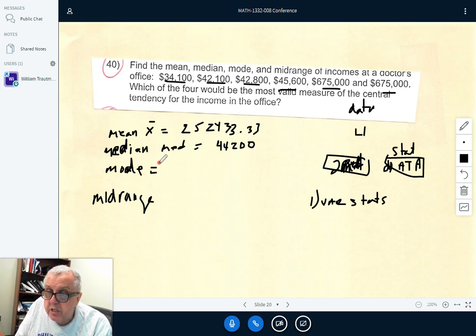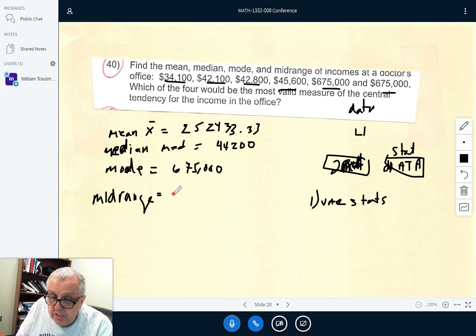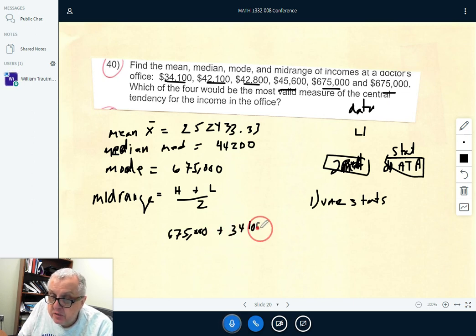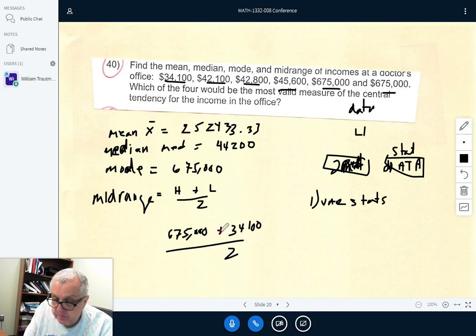The mode is the number that occurs the most often, and that is 675,000. And the mid-range is the highest plus the lowest divided by 2. The highest number is 675,000, and the lowest number is 34,100.